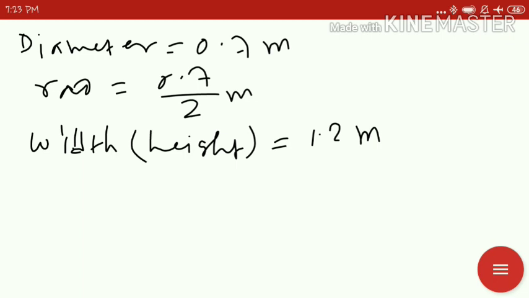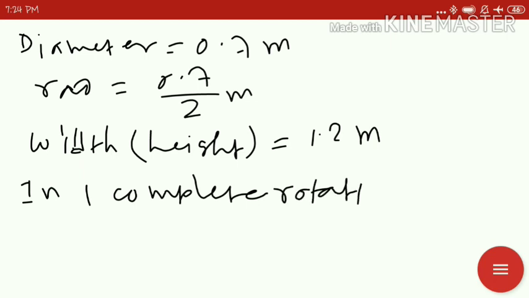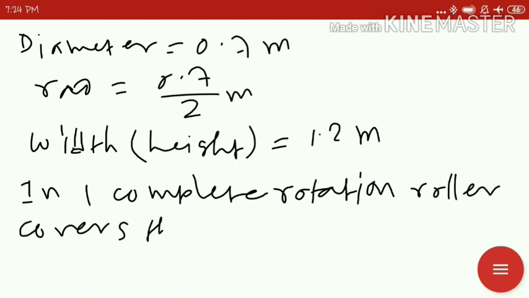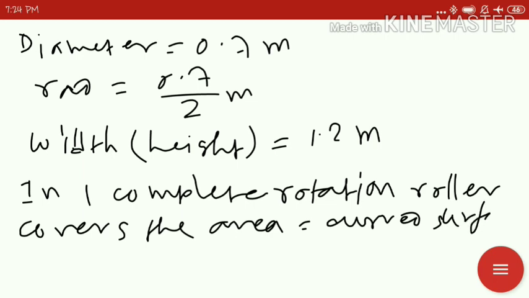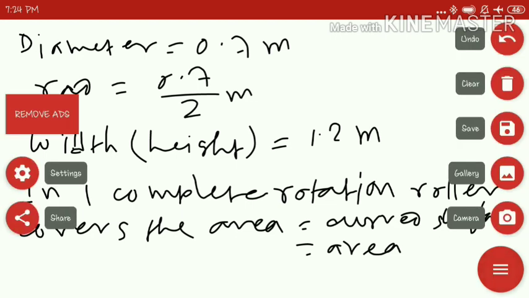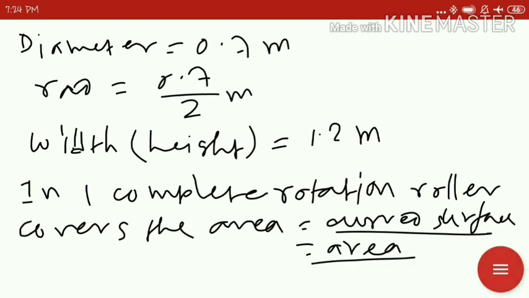In one complete rotation or revolution, the roller covers an area equal to its own curved surface area.